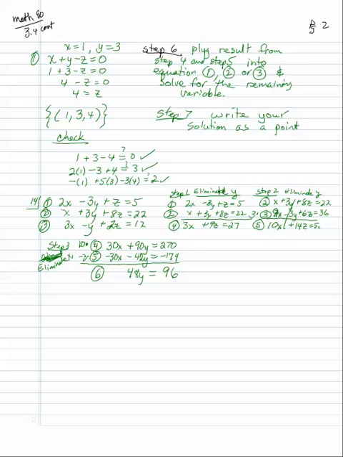Now, step 4, solve equation 6. So we're going to divide both sides by 48. So z equals 2. Step 5, we're going to take this result and plug it into equation 4 or 5.